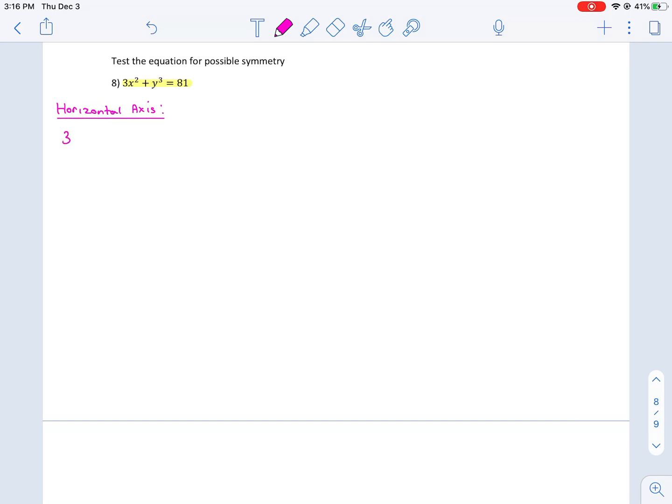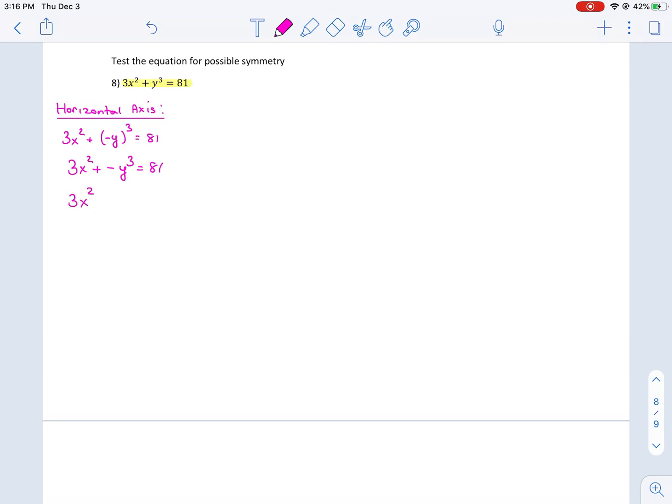And to do that, I'm going to substitute negative y in for y. And now if I simplify this result, notice that cubing a negative number still results in a negative solution. So this is 3x squared plus a negative y cubed is equal to 81.